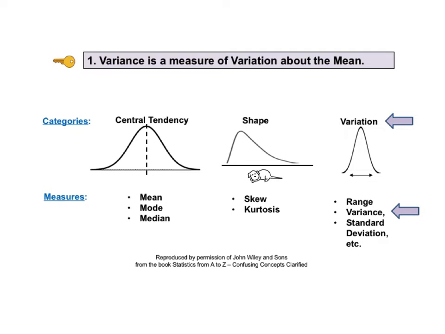The second category is shape, and it is not used as often as the other 2 categories. And the third category is variation. And variance is one of several measures of variation. There is a separate video in this playlist about variation and the various measures of variation.